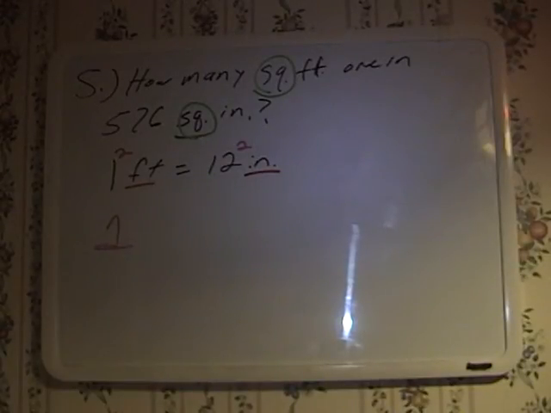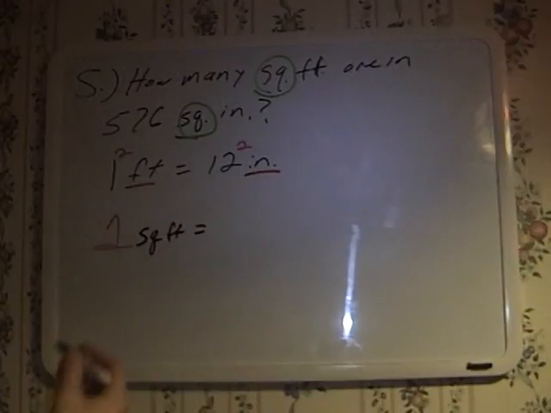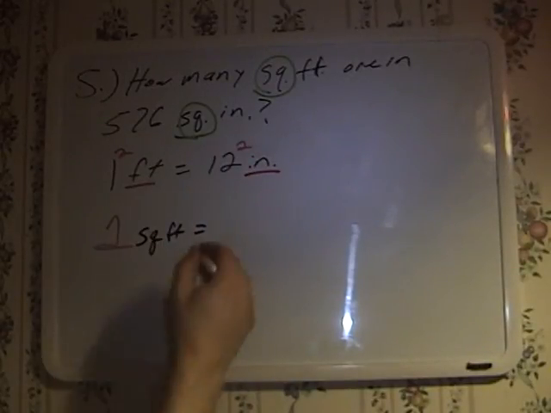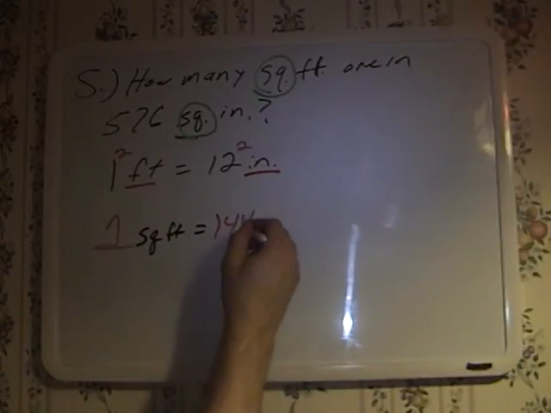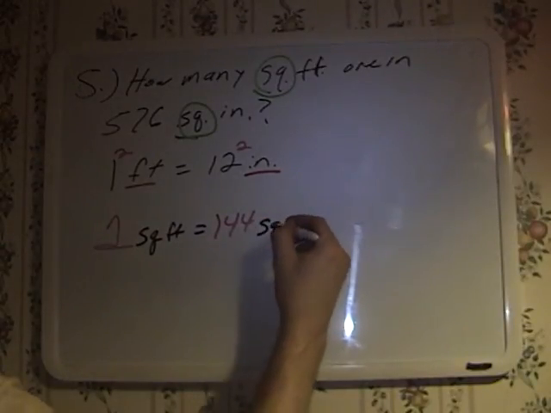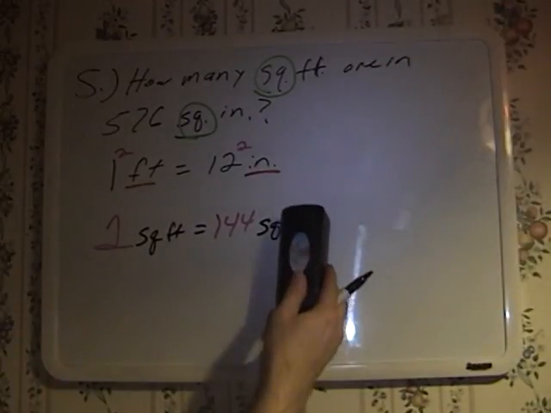It doesn't matter what power you raise 1 to, it's going to be 1, because it doesn't matter how many times you multiply 1 over and over again, it's always going to be 1. So 1 square foot is equal to 12 squared, in case anybody didn't know, is 144. So 1 square foot is equal to 144 square, that's what I get for talking and writing at the same time, square inches.